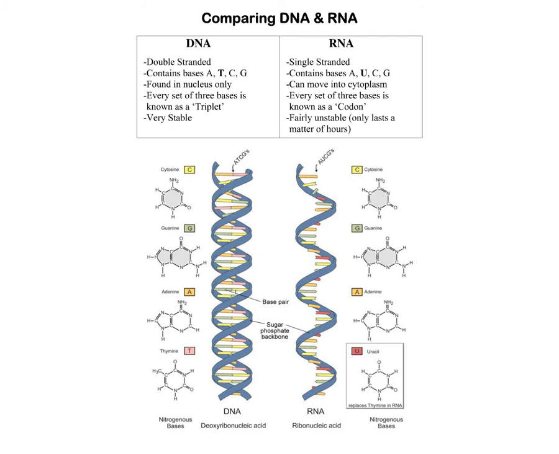Whereas RNA is by comparison fairly unstable. So it usually only lasts a matter of hours, maybe a day at most. It depends a little bit on the sequence itself and a few other factors, but RNA doesn't last nearly as long. And that makes sense because if the cell is going to produce a protein, it could express the RNA.